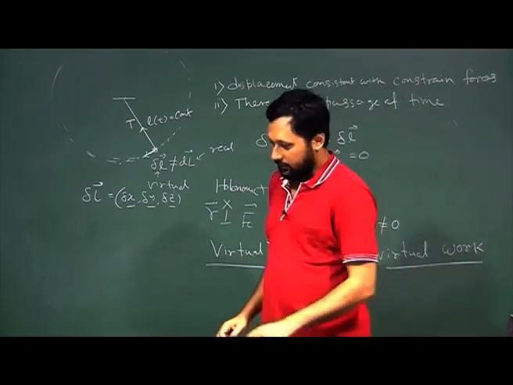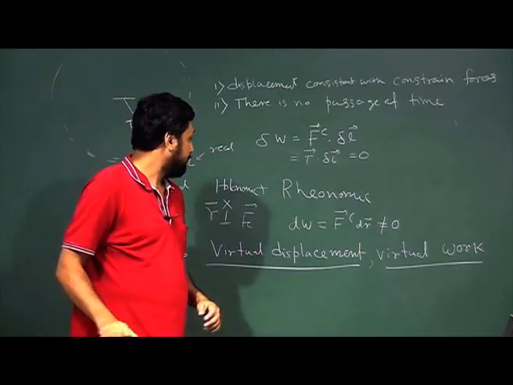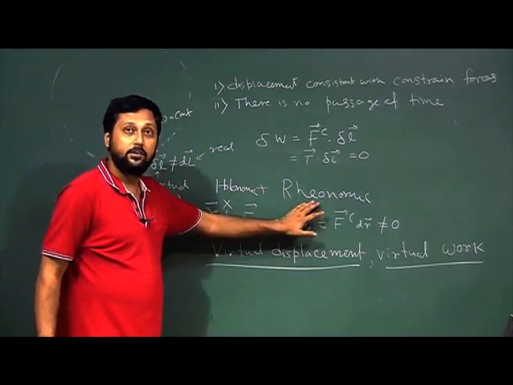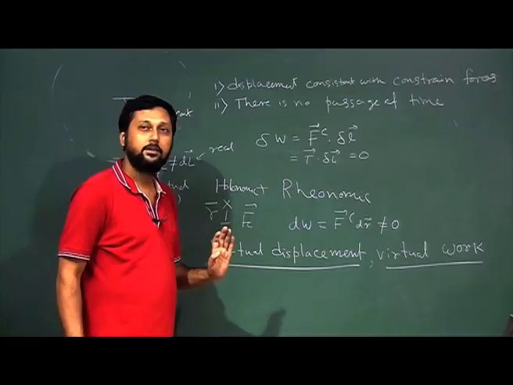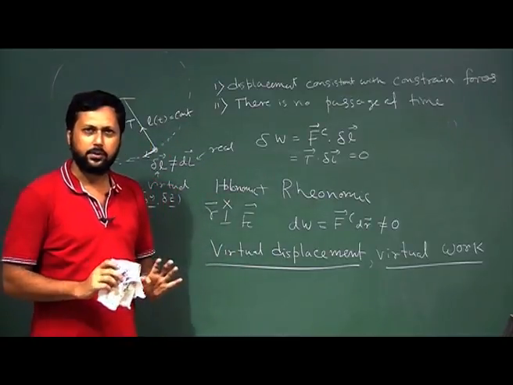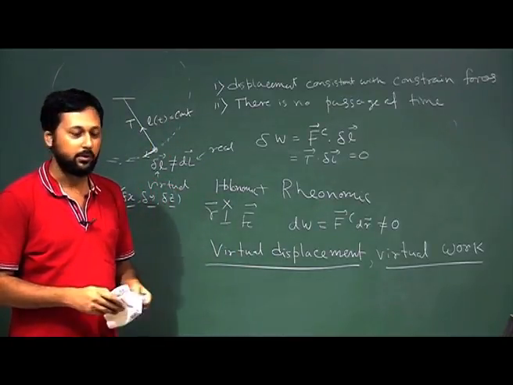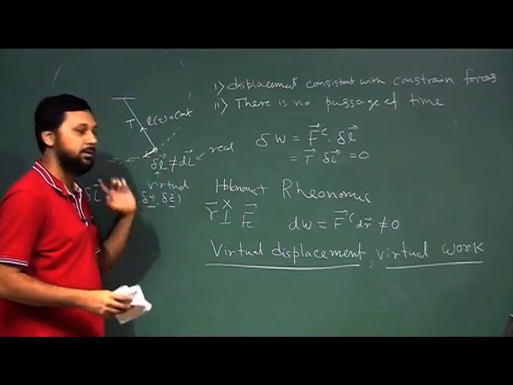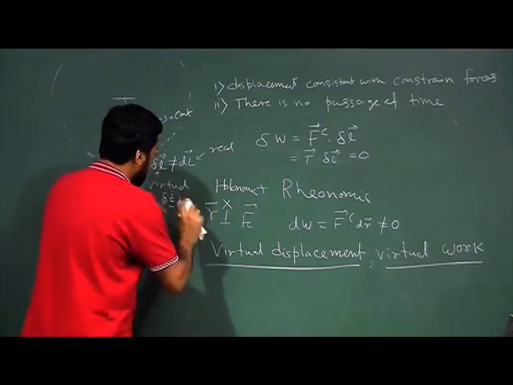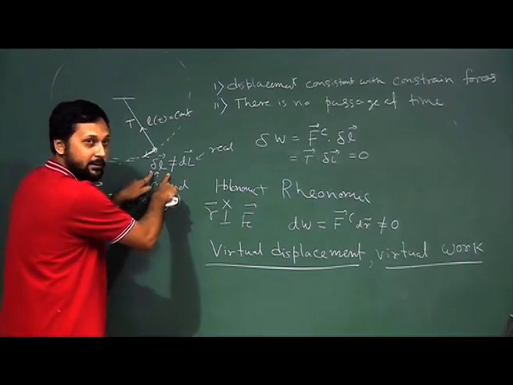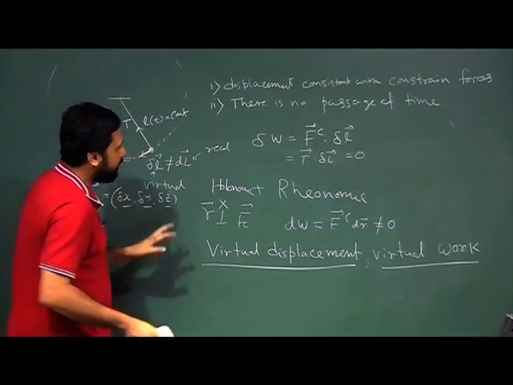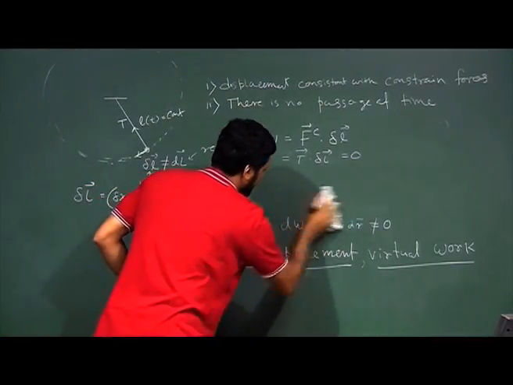Now, with this construction, please remember, for scleronomic systems where the constraint condition is not changing, we do not need to worry about virtual displacements anymore, because in that case delta L is equal to dL. But using this delta L formalism, we have included all holonomic systems.